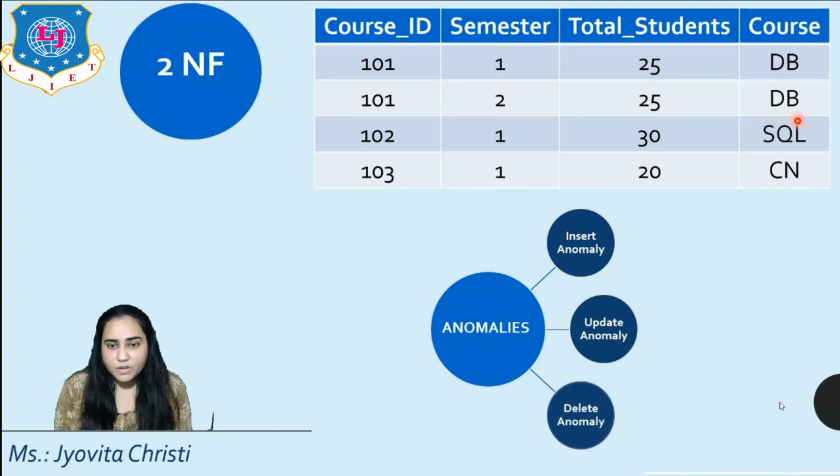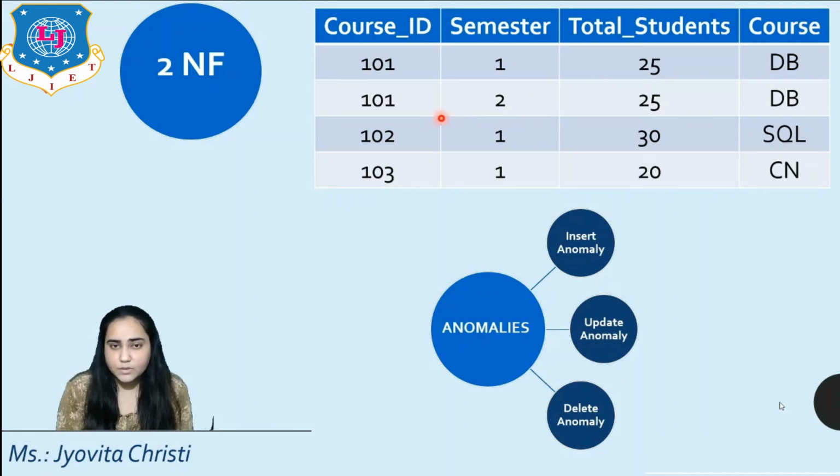The next type of anomaly is the delete anomaly. The delete anomaly is where I want to delete a particular course from this table. Let's say, as an example, I want to delete DB from this table. Then this causes me trouble, because if I delete DB from this table, then I also lose the data that says second semester total students are 25.